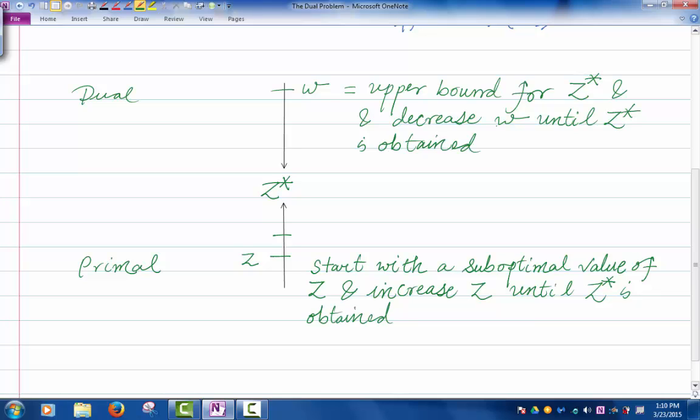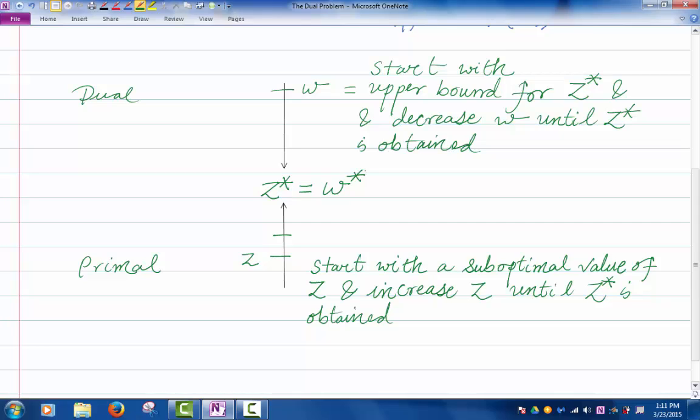Let's see if that makes sense. So here we start with upper bounds for Z star, and basically you're going to obtain an optimal value for the objective function of the dual problem, and that's going to be the same as the optimal objective value for the primal problem.